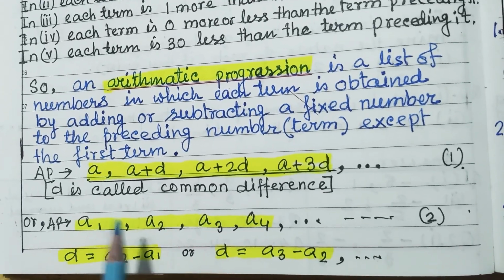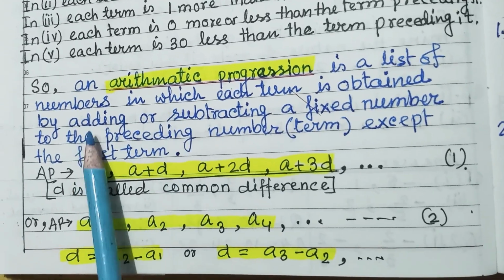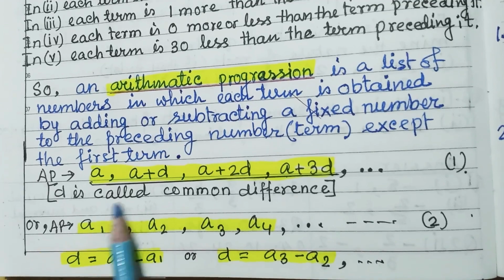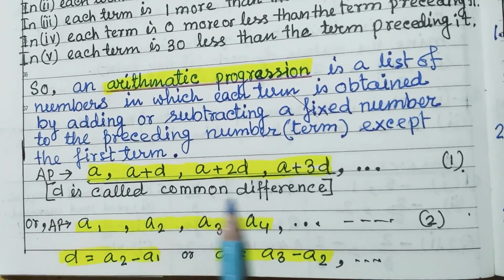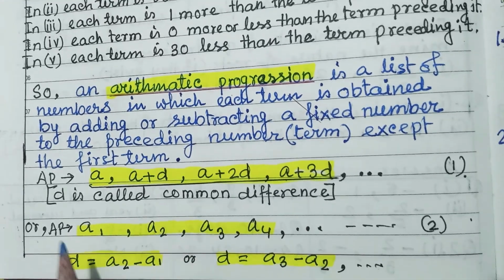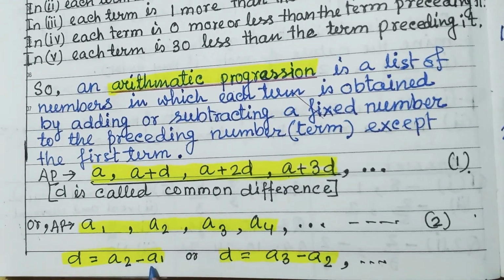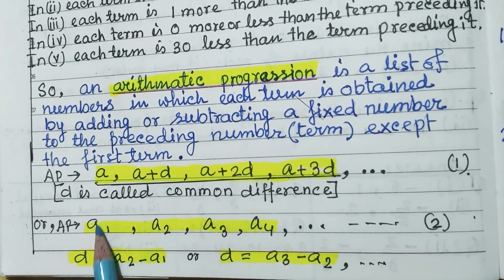Now, one thing is that this arithmetic progression follows adding or subtracting a fixed number. This fixed number is called the common difference. It is called D. Now, we get the common difference D is equal to A2 minus A1. See very carefully: A2 minus A1.